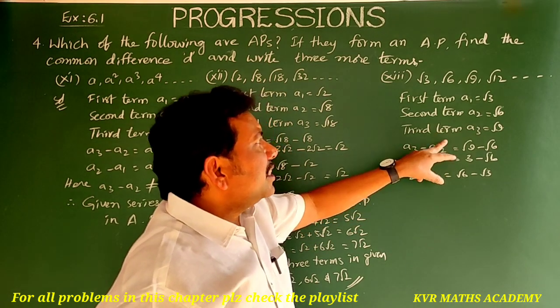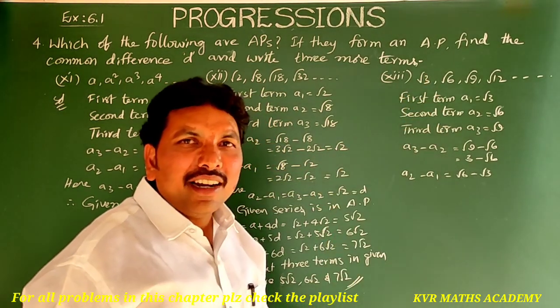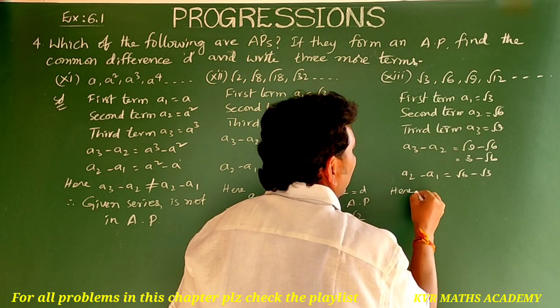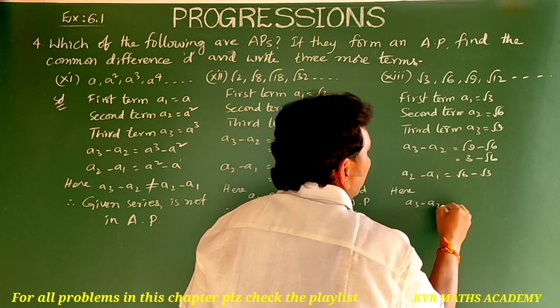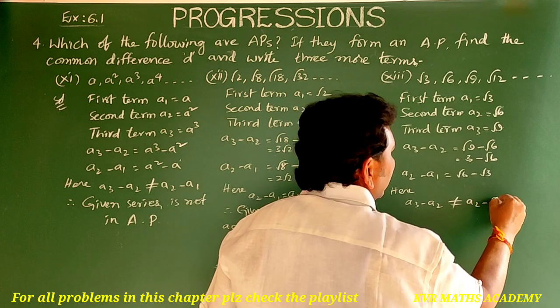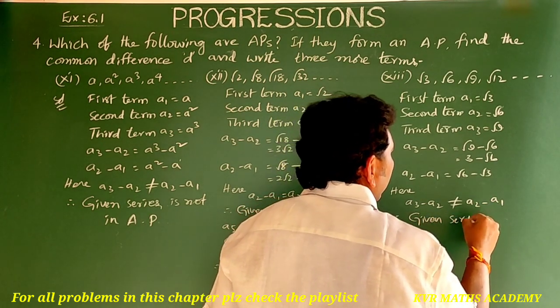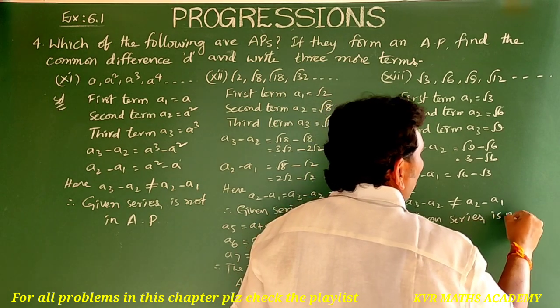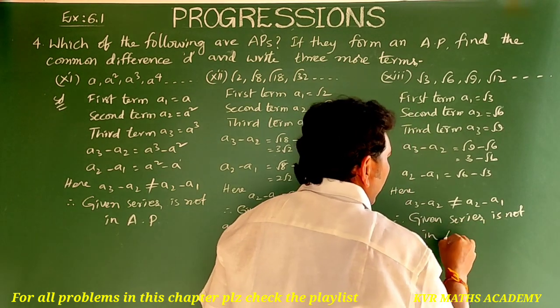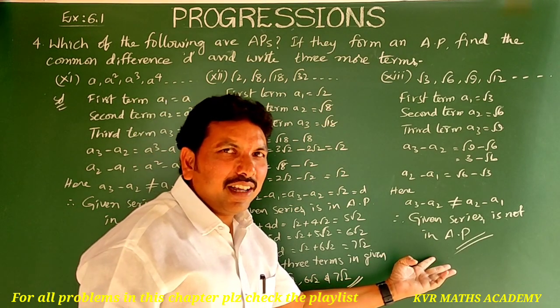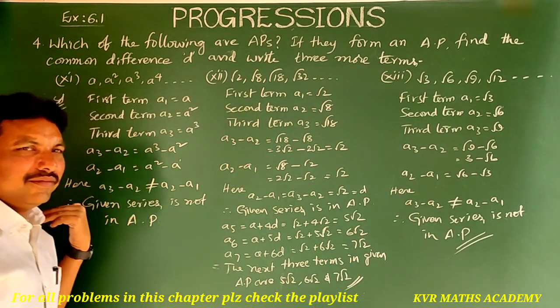That's why this given series is not in AP. Here a3 minus a2 is not equal to a2 minus a1. Therefore, given series is not in AP. Have you understood clearly? Yes, note it down.